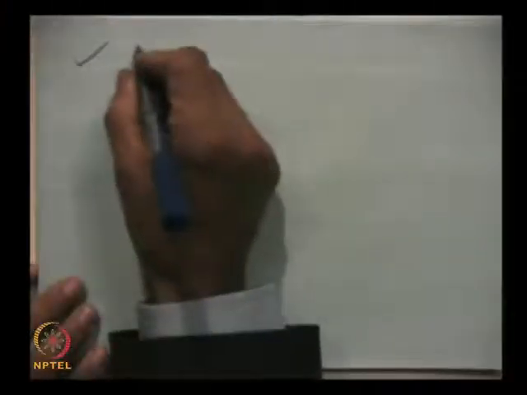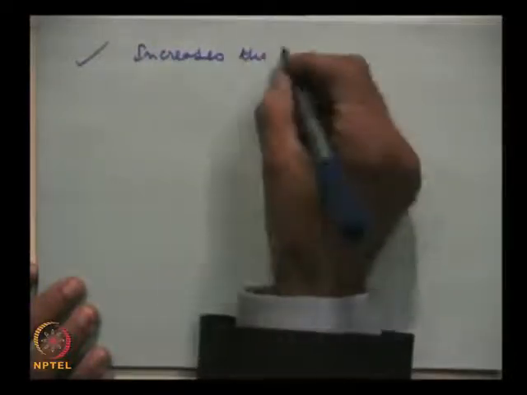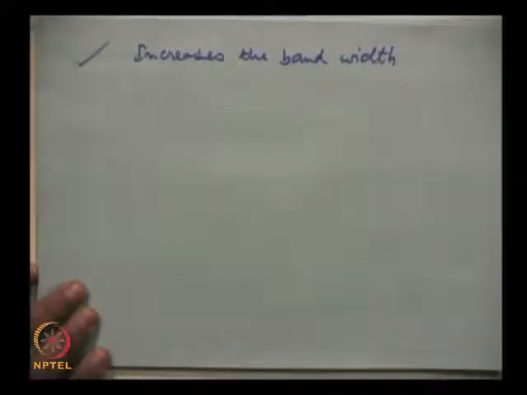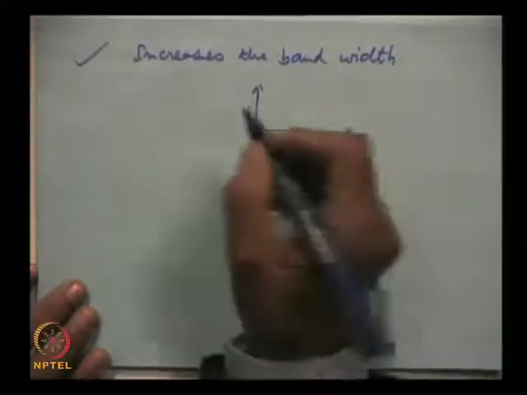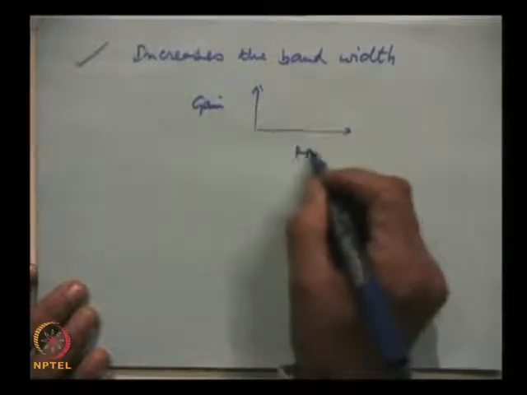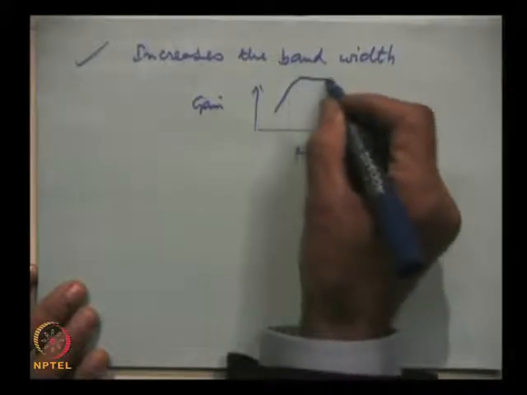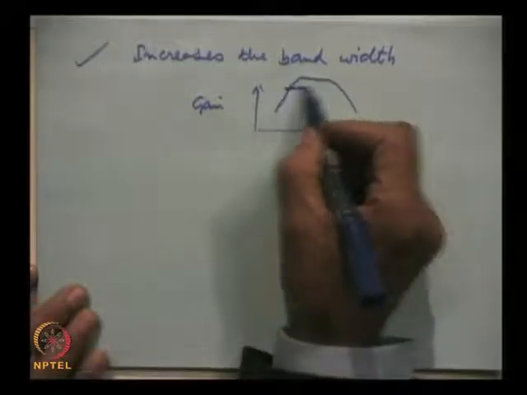Further, it increases the bandwidth. For example, the gain frequency characteristics in general for an amplifier are like this, and this is called the bandwidth.